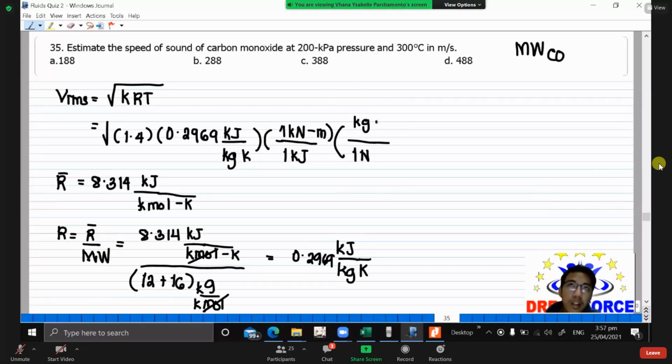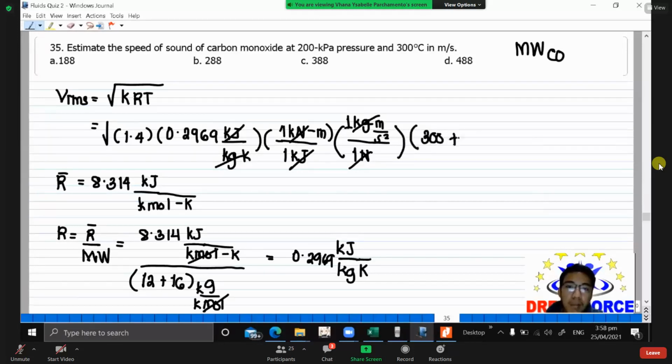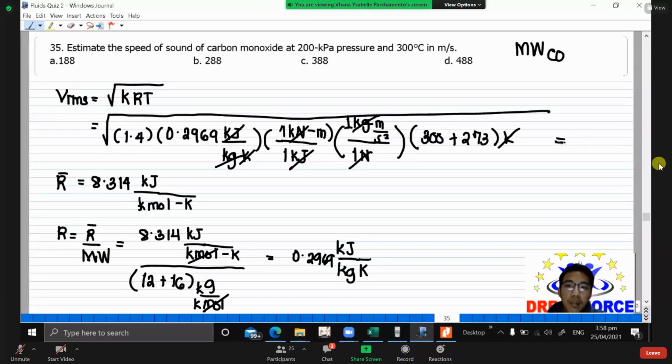Para mag-cancel yung kilograms, may natira pang kilo doon. Ang natira na lang dito is meters times meters, so square meters per square second. Kelvin mo doon yung temperature, 300 plus 273. Kelvin, cancel na rin. Ang natira, square meter per square second, then taking its square root, maging meters per second.